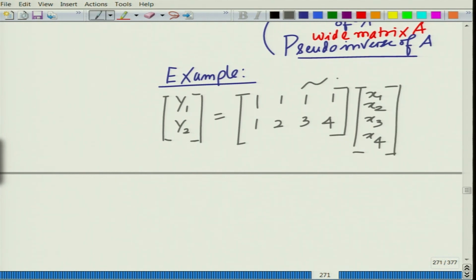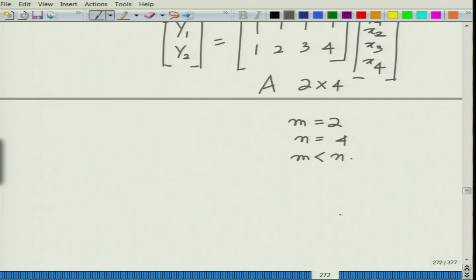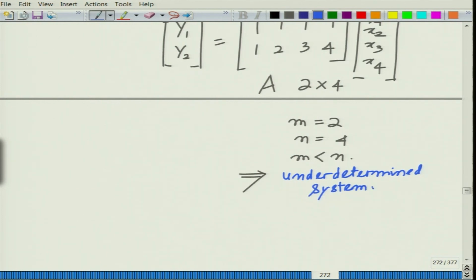So, this is your matrix A. You can clearly see A is 2 cross 4, m equal to 2, n equal to 4, m less than n, which implies this is an underdetermined system.